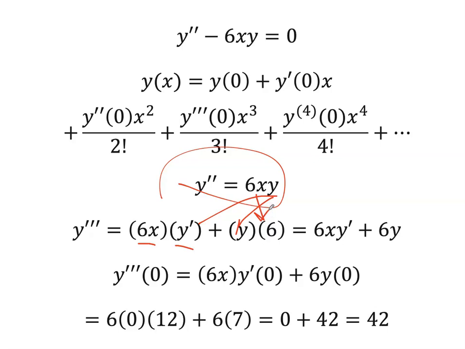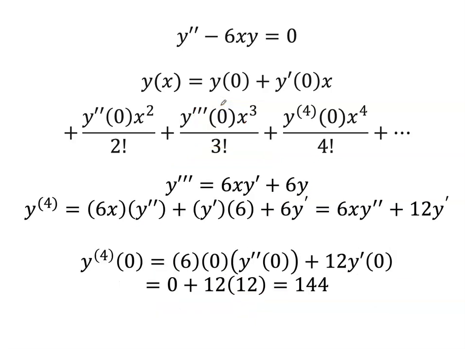So in other words, we get 6xy prime plus 6y. So y triple prime of 0 is going to be 6x y prime of 0 plus 6y of 0. In other words, it's going to be 6 times 0 times 12 plus 6 times 7. That is 0 plus 42, in other words, 42. So y triple prime of 0 is 42, the answer to life, the universe, and everything.